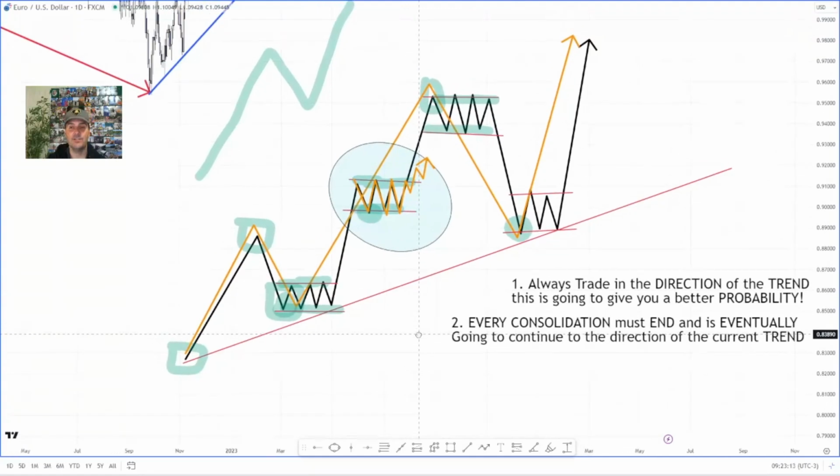Does this make sense? So talking to my traders, you know, it's a probability game, but if you know that consolidation is going to end and 7 times out of 10, probability-wise, it is going to go in the direction of the trend, why did you short the market in here?